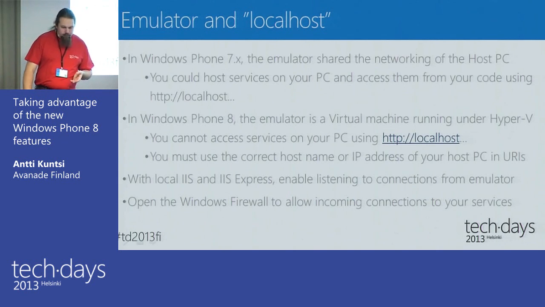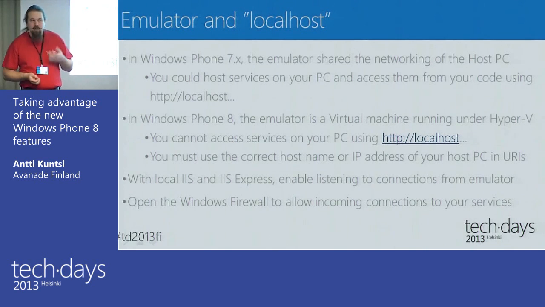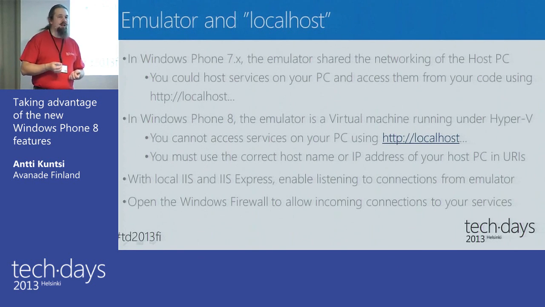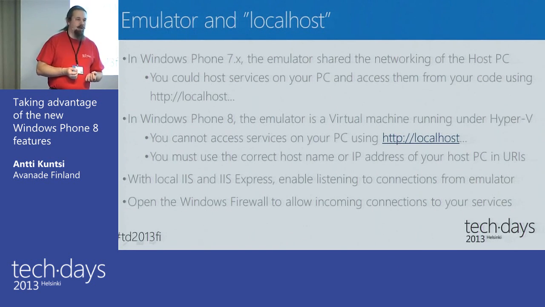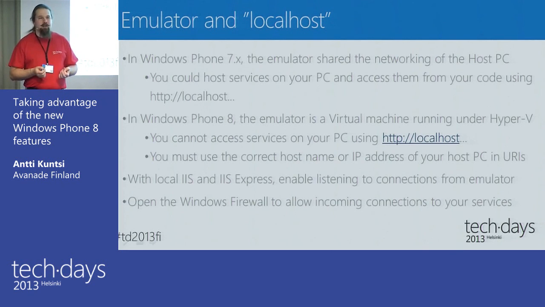So how to deal with this? You go to your IIS Express or your IIS and open up your firewalls so that you can allow incoming access to your services. You define your host name as the target on your project where you're running it, and then you can start debugging the server side fluently. So you can do the WCF connectivity. When you do stepping, it can actually step from the phone.